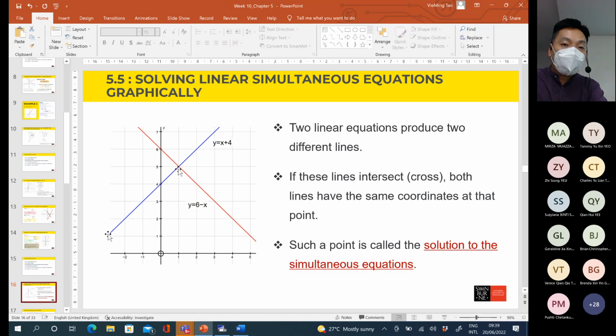And these two lines meet each other at where? At this point. They intersect at this point. So this point is called the intersection point. At this intersection point, both lines will have the same x and y value.